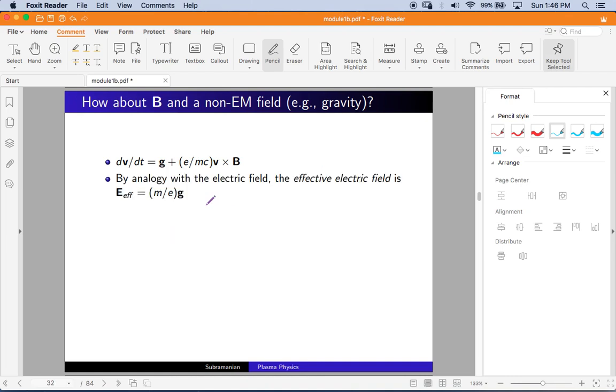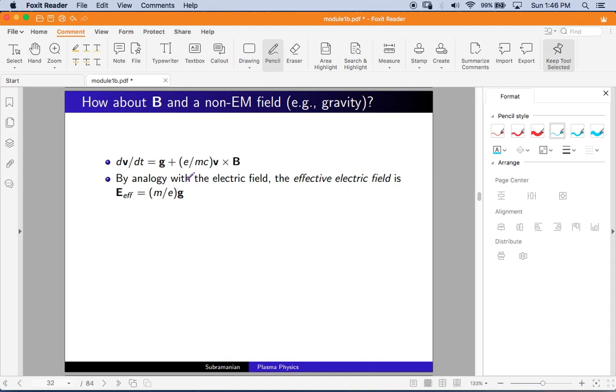By simple analogy with the electric field, we can replace this G with an effective electric field like that. This is the only difference. And if you plug this in here, you'll immediately see that the force cares only about the mass and not about the charge.